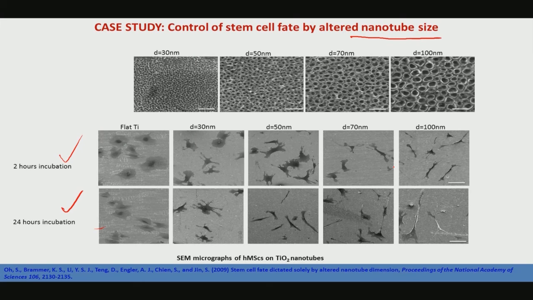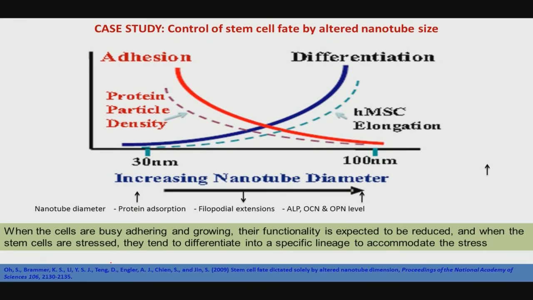This work is from the group of Jean. Engler is also one of the authors. It was published in Proceedings of the National Academy of Sciences in 2009, quite a few years ago. So, what was the final conclusion, or what were the results and their understanding, which is explained in the form of a schematic plot?